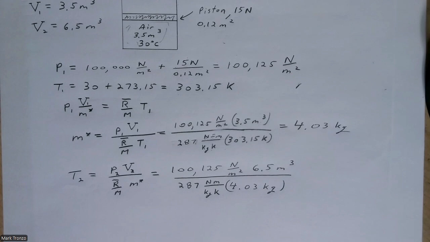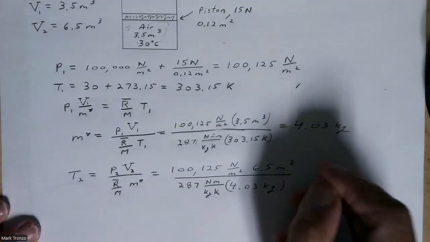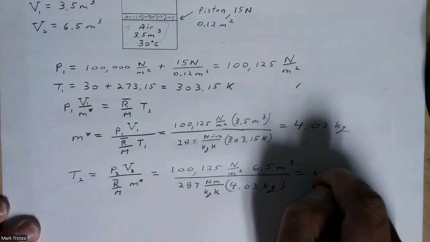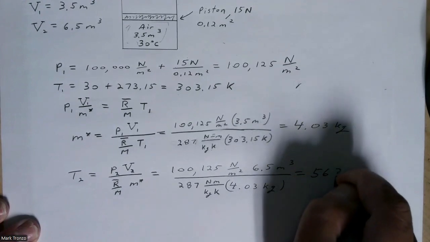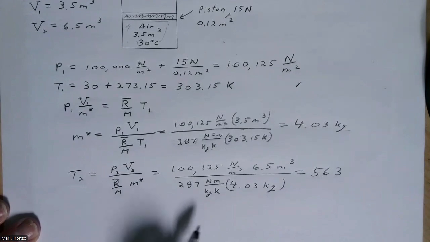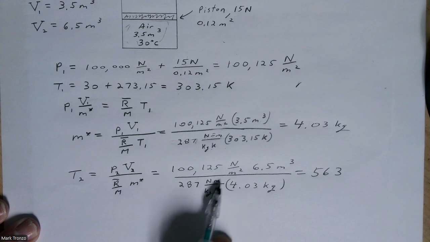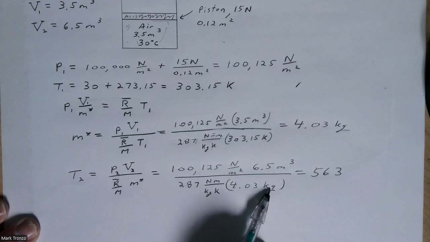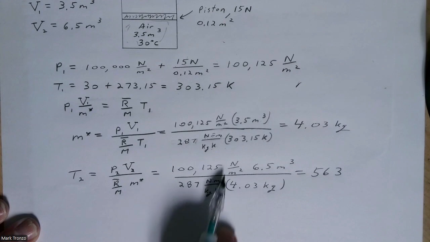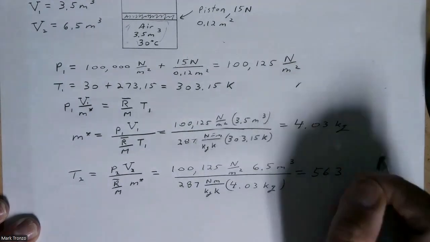And we put that in the calculator, it comes up to 562.99. So I think we can round that off to 563. And let's just check the units. Newtons will cancel, meters cubed divided by meters squared, but then that'll make it cubed. The meters cancel, the kilograms cancel. So we only have 1 over K in the denominator.